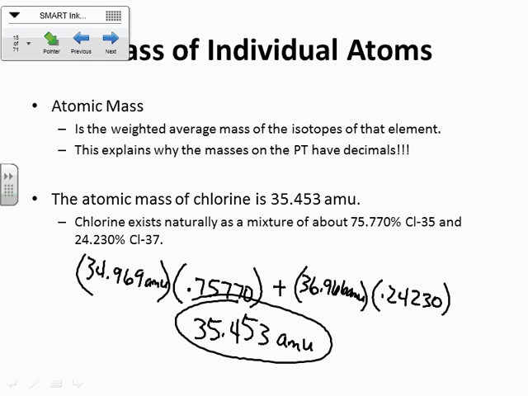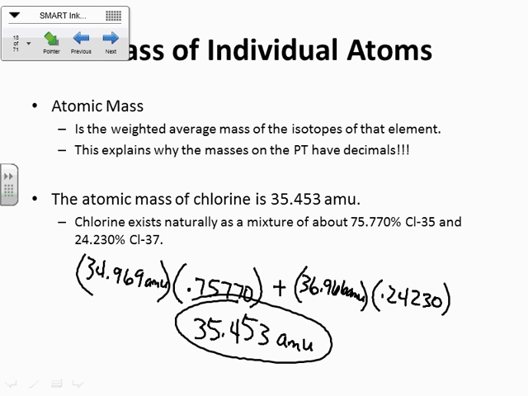It's based on what isotopes exist in nature and how much of each isotope is there. If I collect a pure sample of chlorine from the environment and analyze it, we would expect about 75% of it to be chlorine 35, and the other 25% chlorine 37.